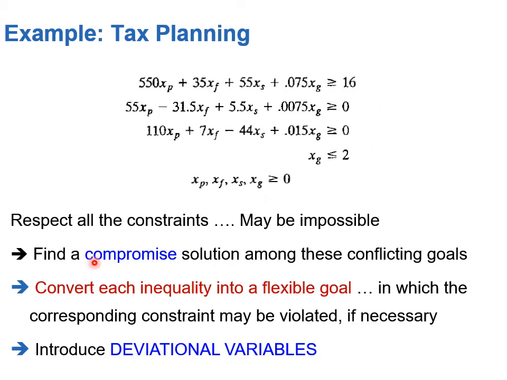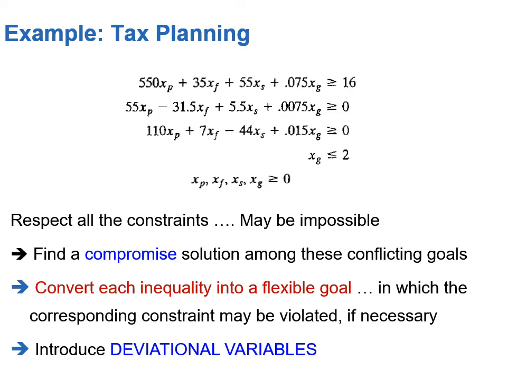So, our objective now, if we cannot satisfy all of them at the same time, is to find a compromise solution. In that case, according to this goal programming approach, what do we do? We convert each of these inequalities into a flexible goal. We do not write them as constraints into our formulation, but we write them as goals, as objective functions.